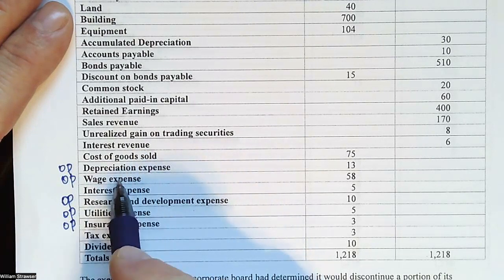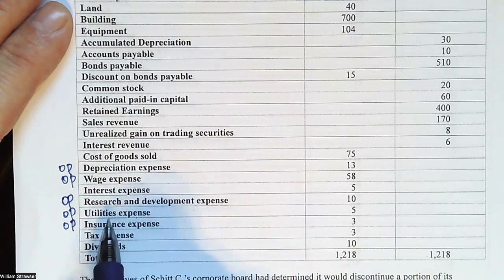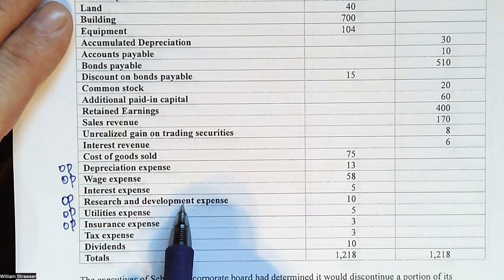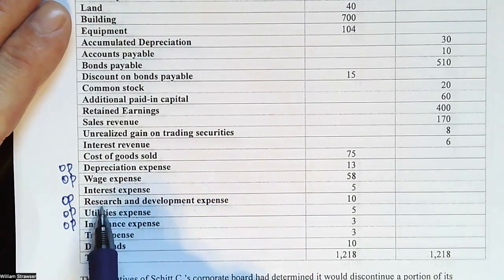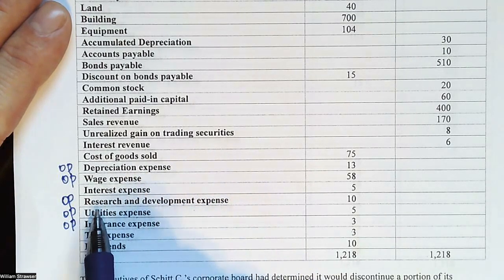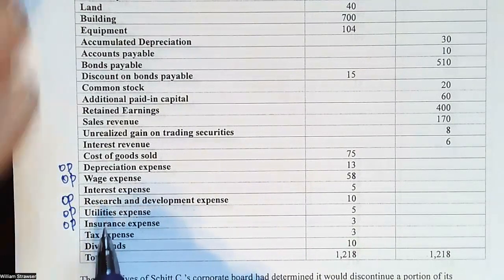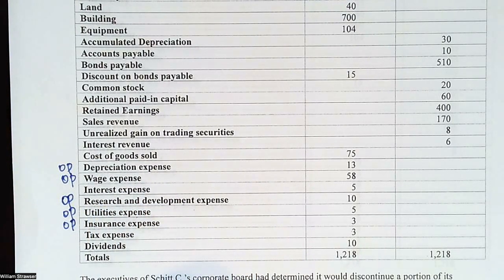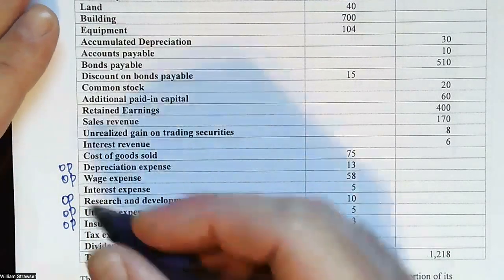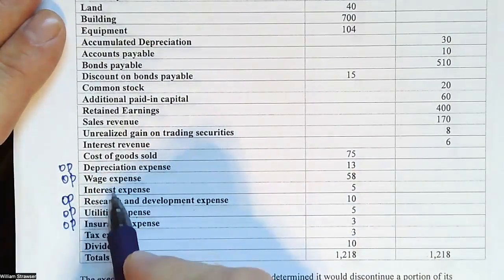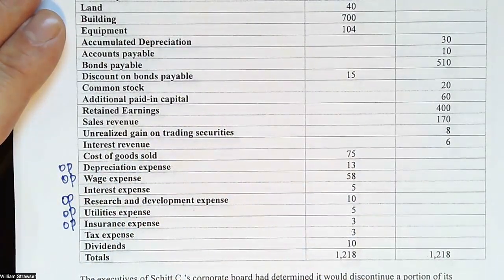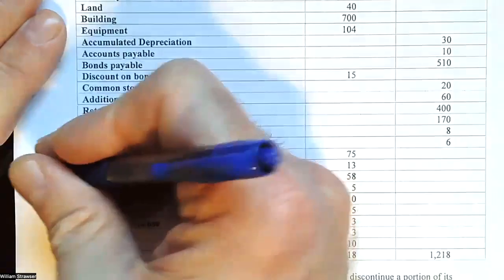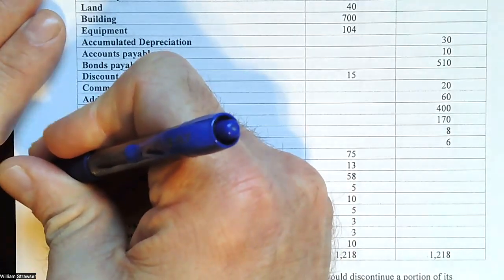So that's not going to be SG&A. Research and development is also separately disclosed because investors like to see what's going on in terms of the costs that are being incurred to develop new products, new IP. So those two are separately disclosed. Wage expense, utilities expense, insurance expense, these are not. These belong in the SG&A category.